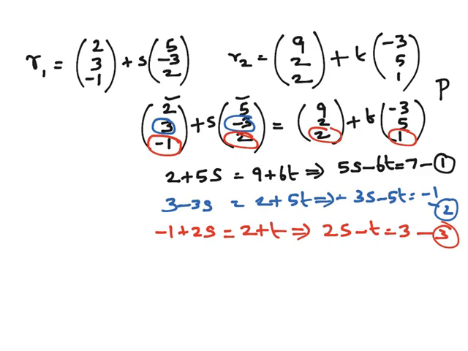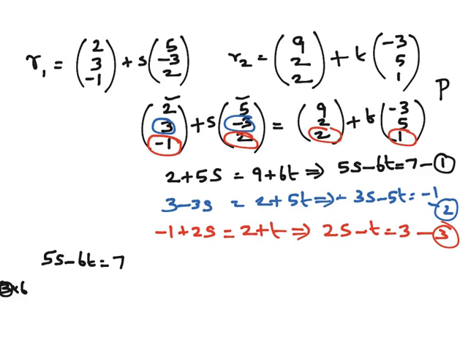You can solve any 2 of them to get either s or t. So let us take first and third. I'll keep the first one as it is, which is 5s - 6t = 7. Now the third equation I'll multiply by 6.